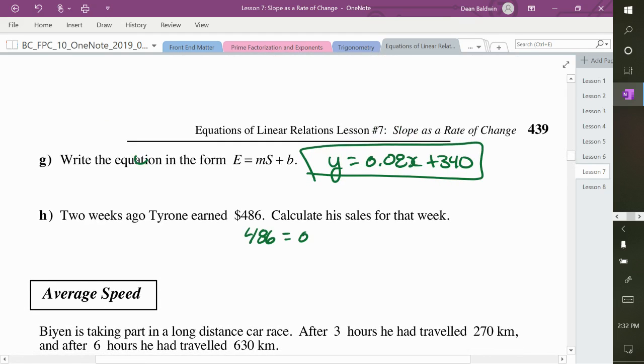486 is equal to 0.08x plus 340. How much in merchandise did he sell? Go.